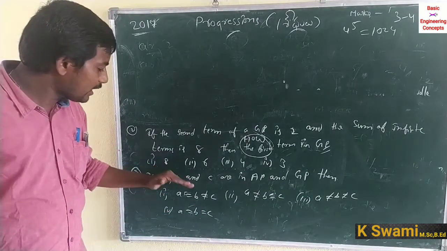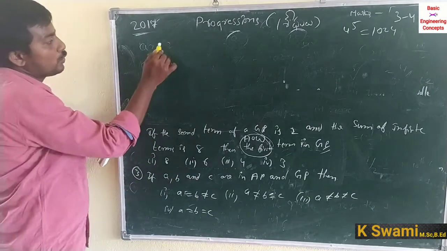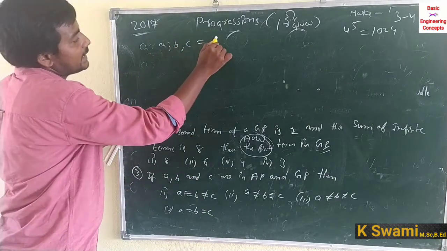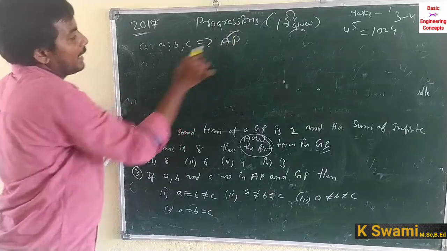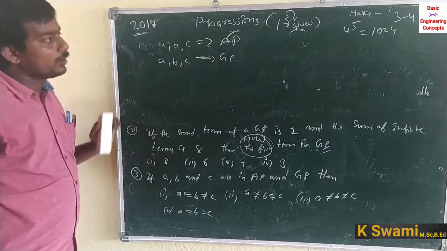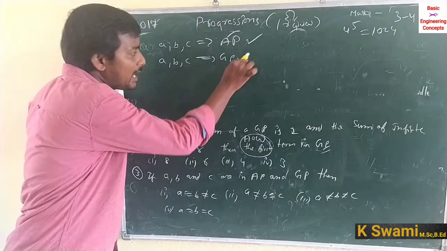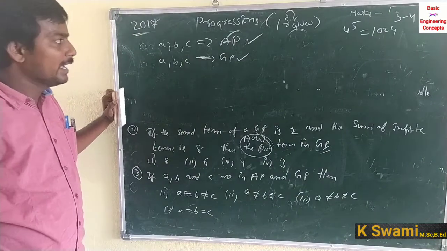So if a, b, c are in AP and a, b, c are in GP, AP has a common difference and GP has a common ratio.